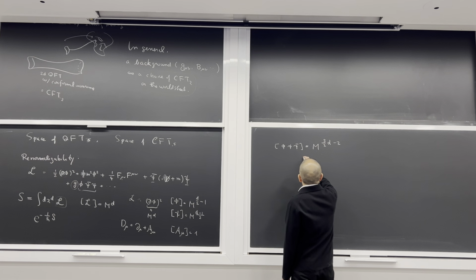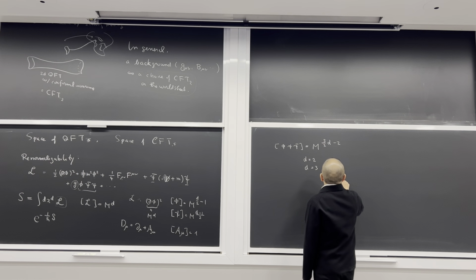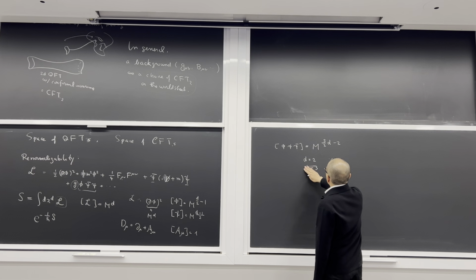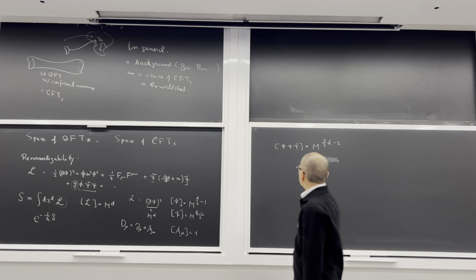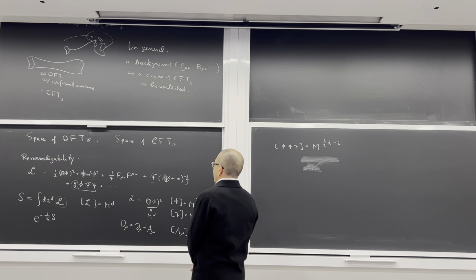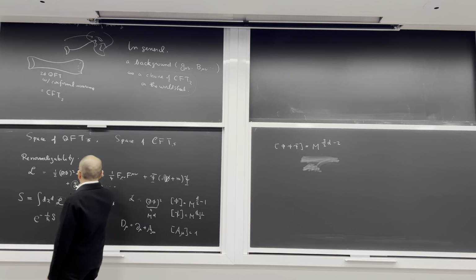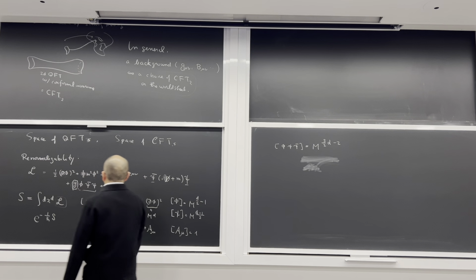So that means that when d is equal to 2, then this is 1. d equals 3, and it's going to continue to increase, right? Okay, good. And then we should count what is the dimension of G.